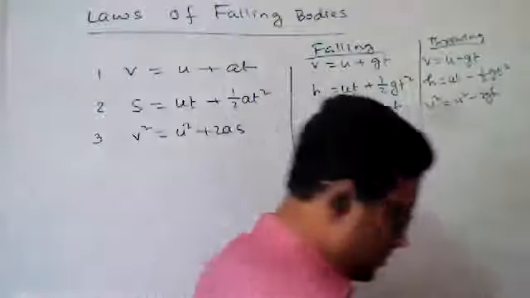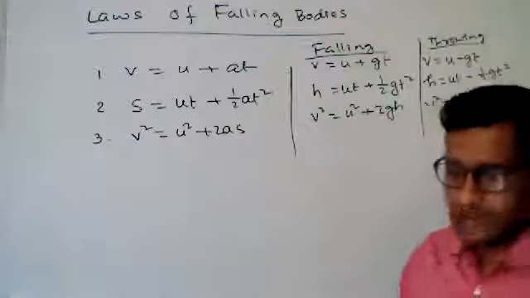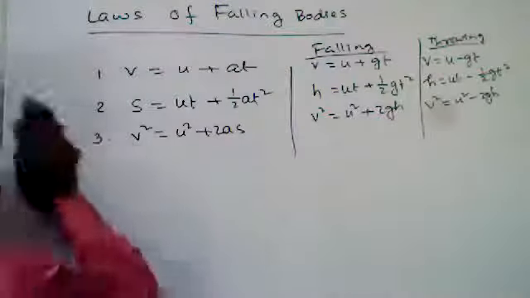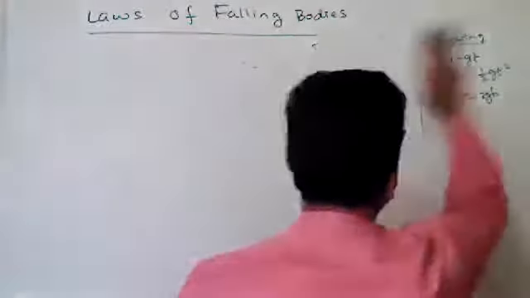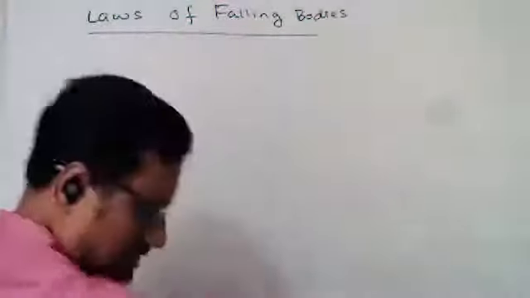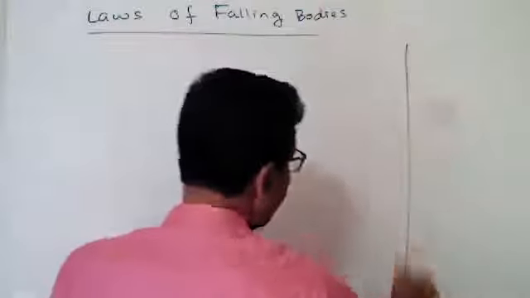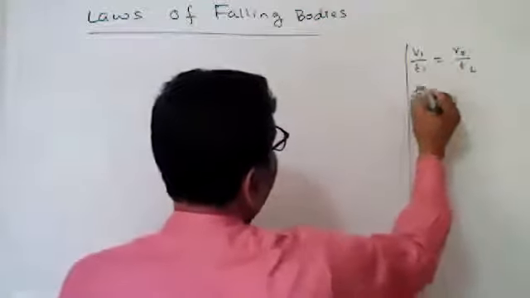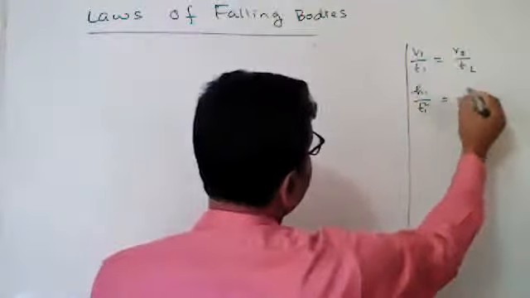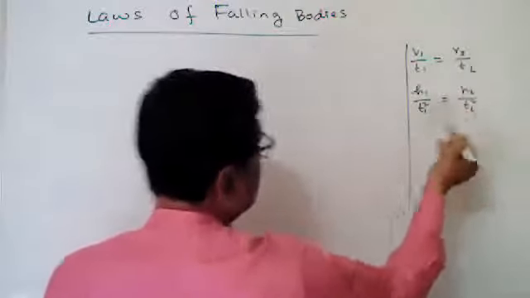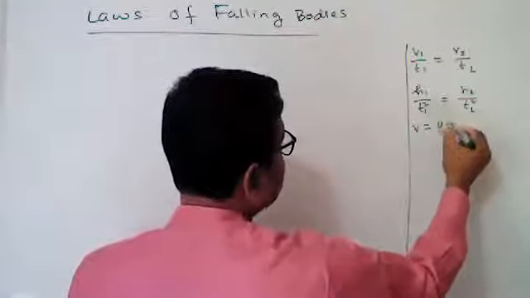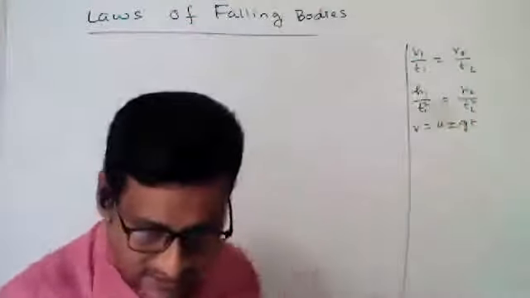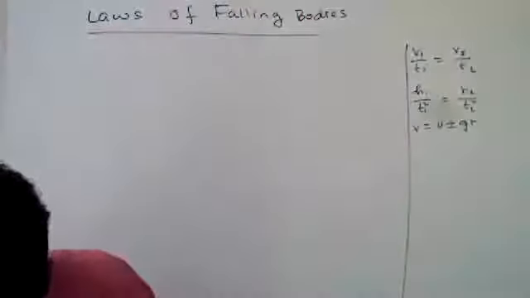Now we discuss some numerical problems. From our discussion, we know V1 by T1 equals V2 by T2, and H1 by T1 square equals H2 by T2 square. V equals U plus or minus GT: plus for falling body and minus for thrown body.